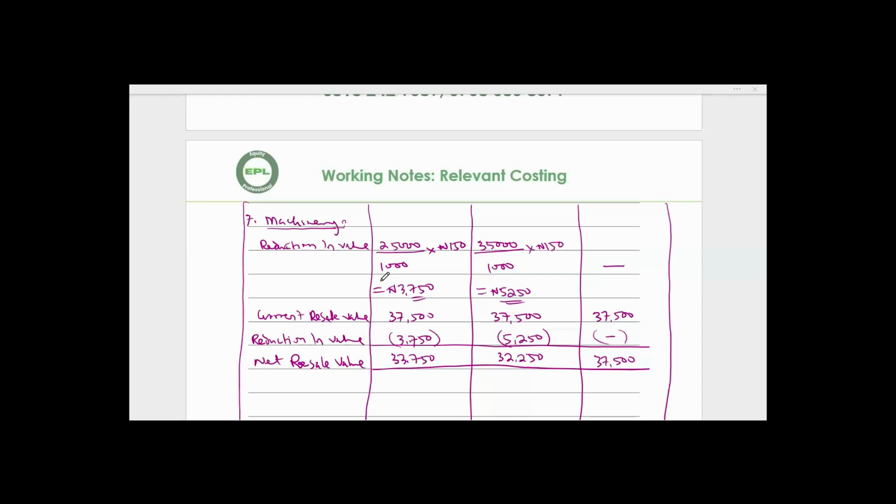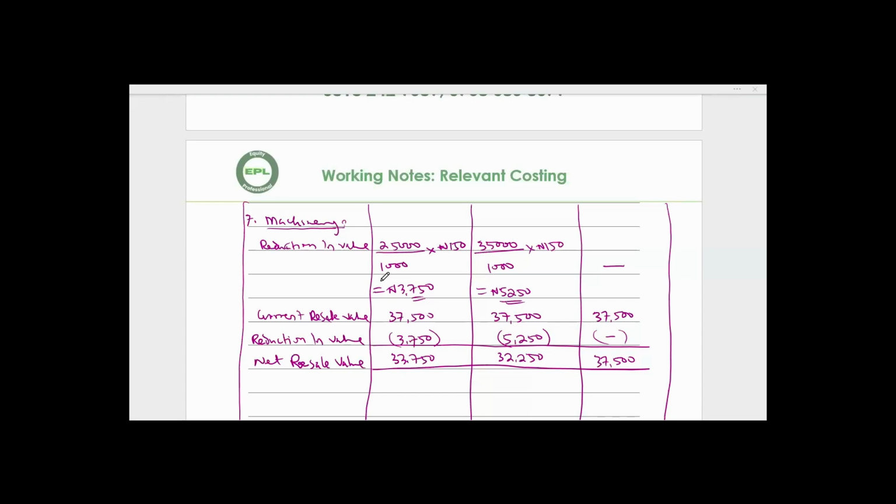Remember, based on my previous explanation to you, in this question, examiner has given you, you are told that included in the fixed production overhead, when you go to the table in the question, the fixed overhead is 75,000 naira as given in the table.